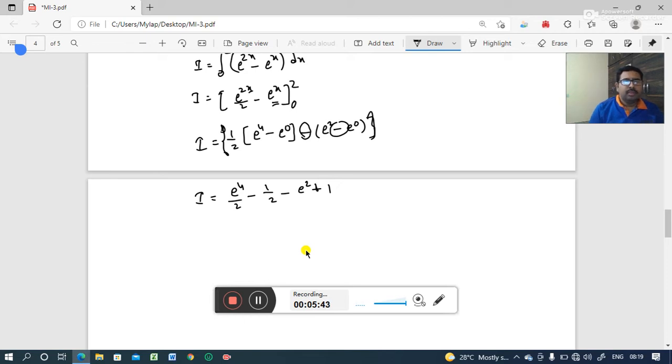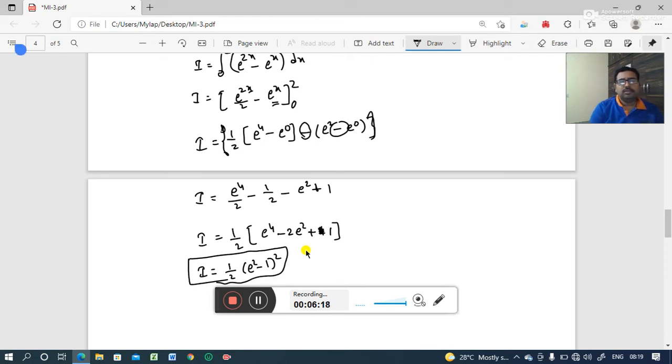Then in the next step, if you take 1 by 2 as common, you get e power 4 minus 2 e square plus 1. So you can rewrite this as I is equal to 1 by 2 into e square minus 1 whole square, that is the a minus b whole square format. So this is the answer for the problem.